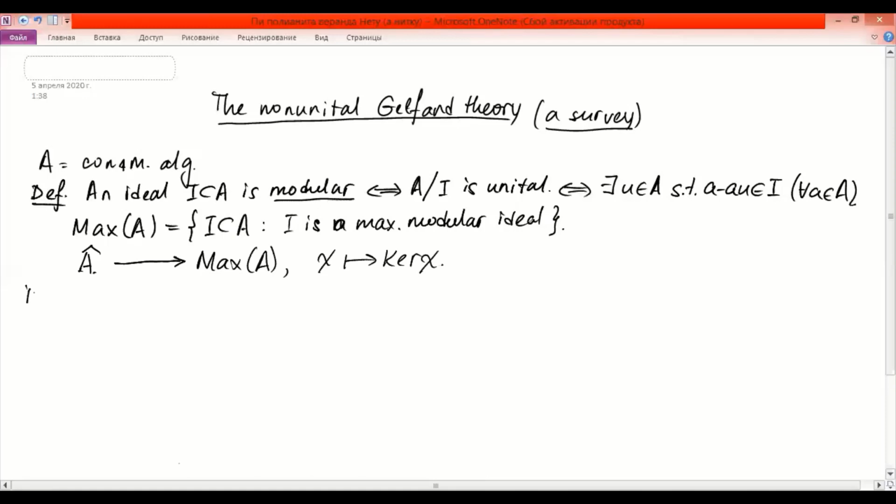So exactly as in the unital case, we have the following important result. If I is any proper modular ideal of A, then it is contained in a maximal modular ideal.